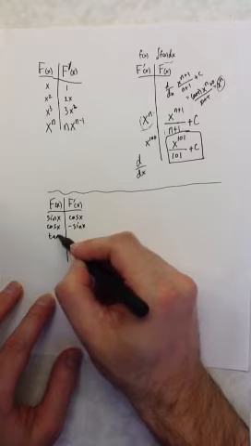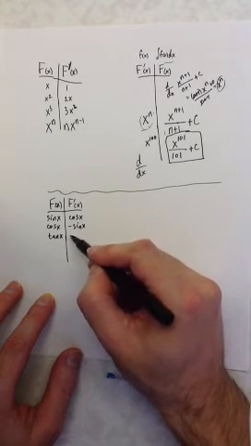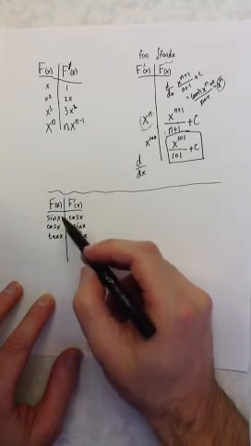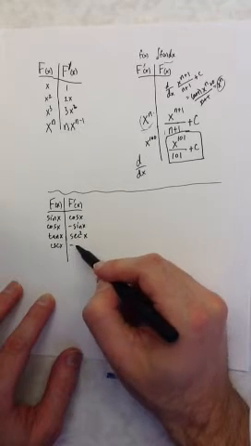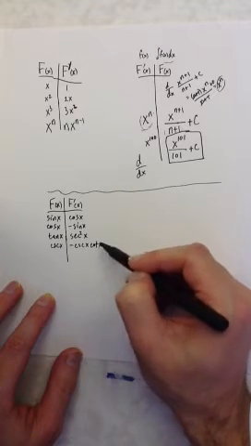And let's keep going for a little bit. We got tangent of x. The derivative of tangent of x is secant squared x. The derivative of cosecant x is negative cosecant x times cotangent x.